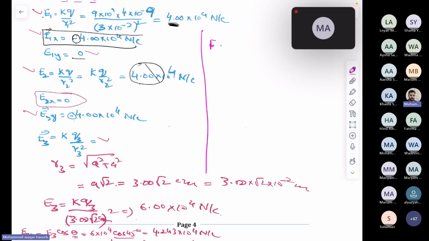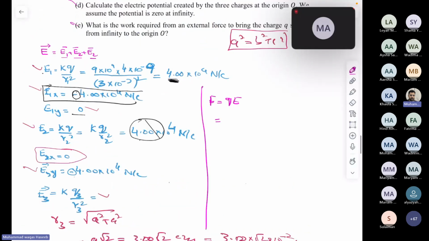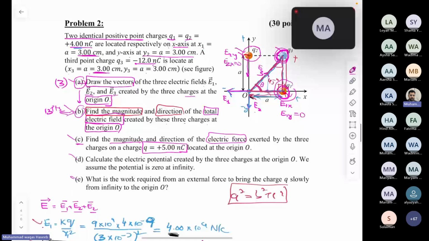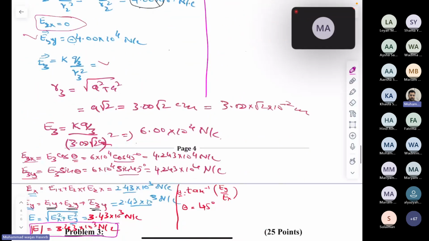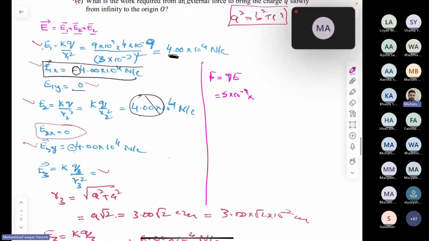Force is QE, where Q is 5 nanocoulomb, which is 5 × 10^-9, and E is 3.43 × 10^3. Just multiplying, we will get the force.